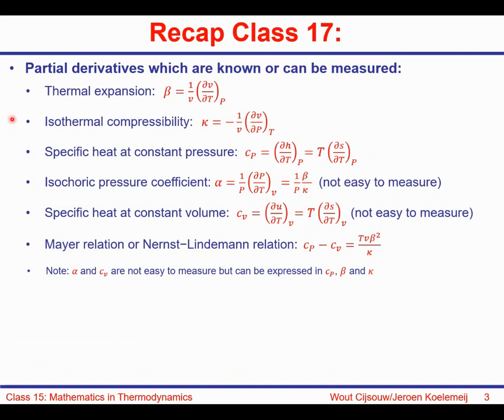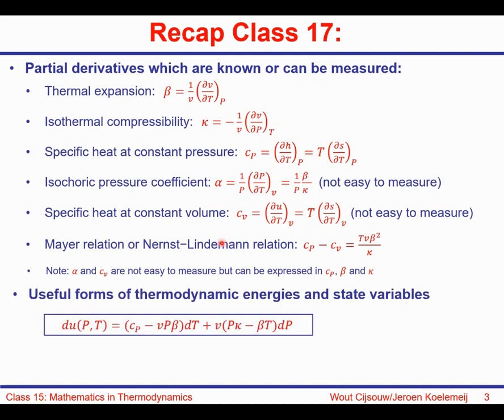So, for example, partial derivatives that are known or can be measured are things like this dV/dT, which is related to the thermal expansion coefficient beta. There's things like compressibility. We have seen and discussed all these relationships at length, and I'm just showing them again just to remind you that we actually did all this stuff.